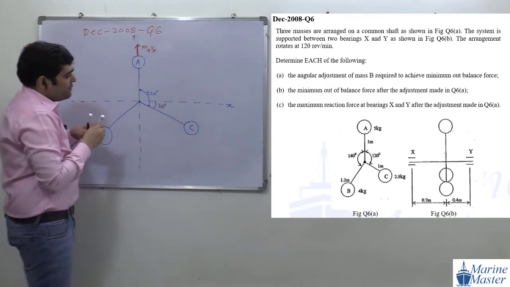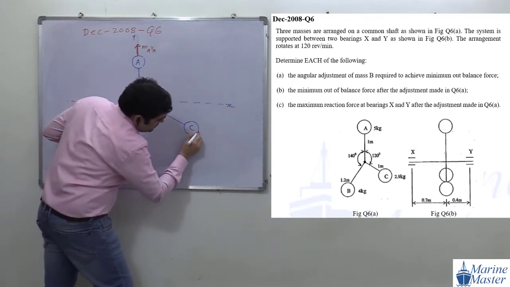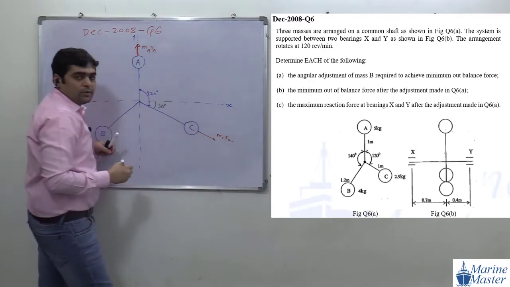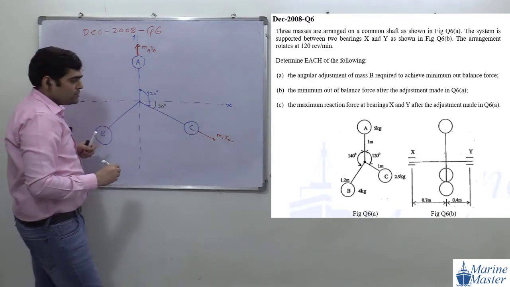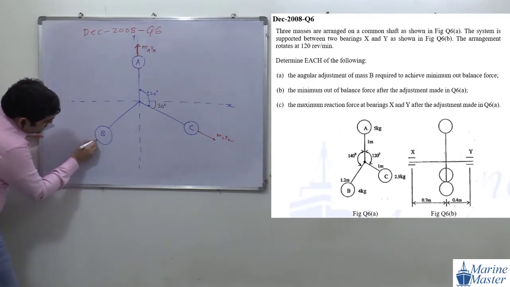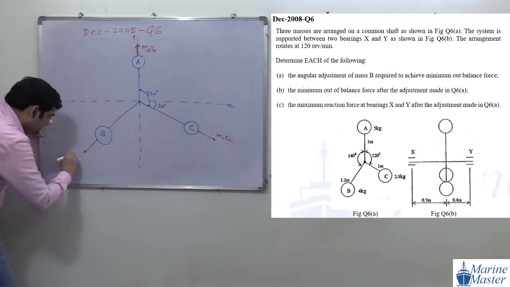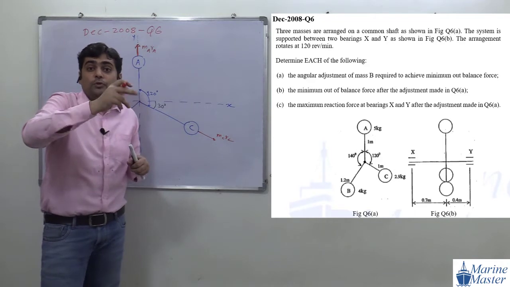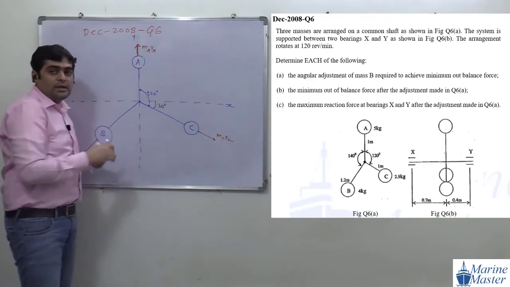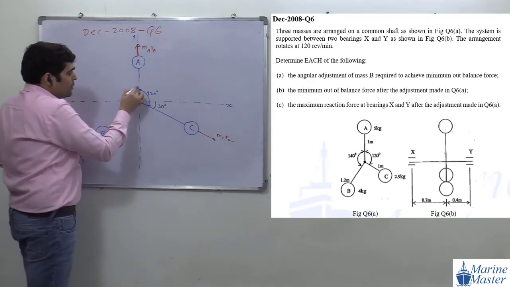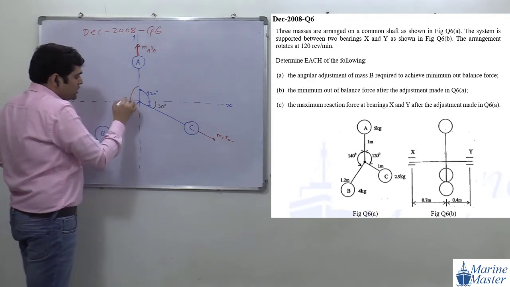Then we will have MC RC, the centrifugal force. Now here we will have another centrifugal force, MB RB. We don't know the exact position, so we will have a new position of B and we will try to find it out. With respect to A, its new position is alpha.